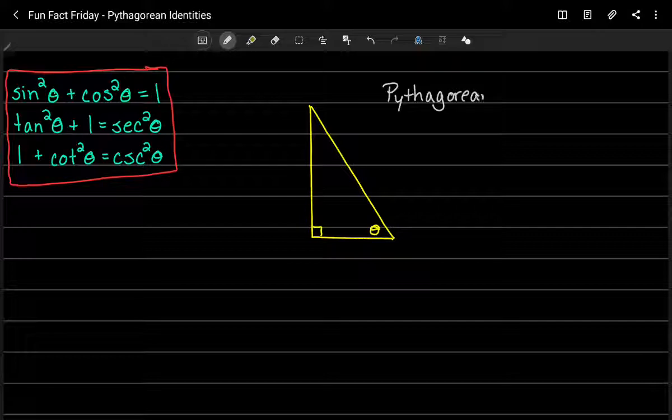The Pythagorean theorem says if I have a right triangle, then the sum of the squares of the lengths of the sides, so let's let our sides be length A and length B, equals the square of the length of the hypotenuse, which we're calling C. That's what we want to mess with to get our identities.